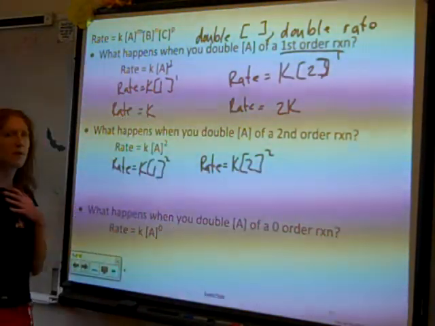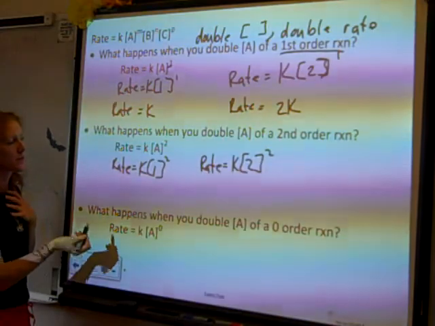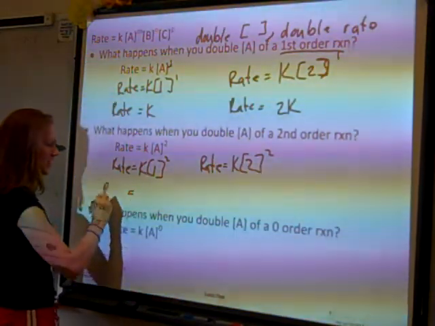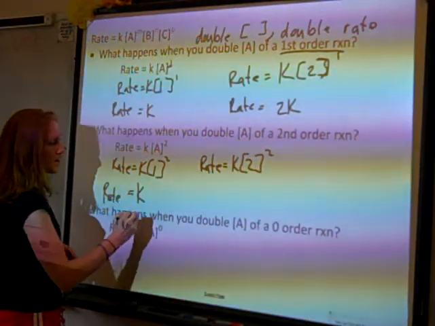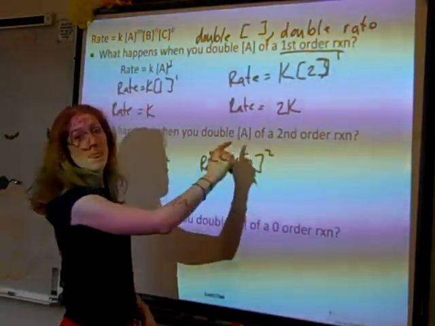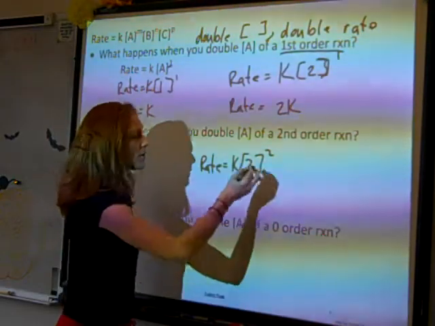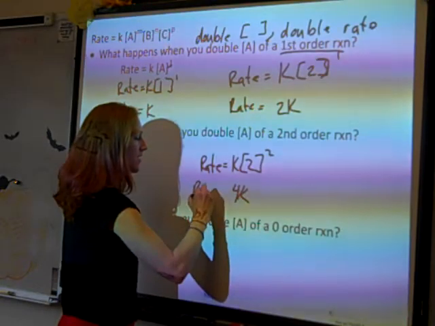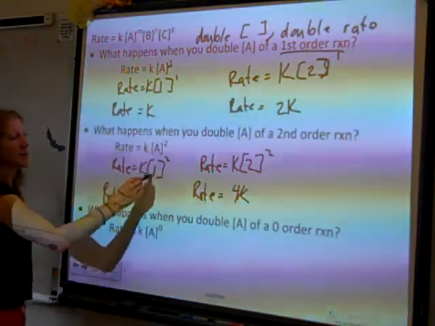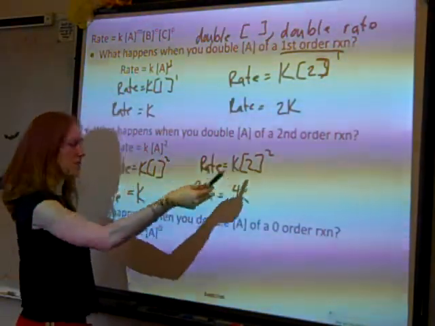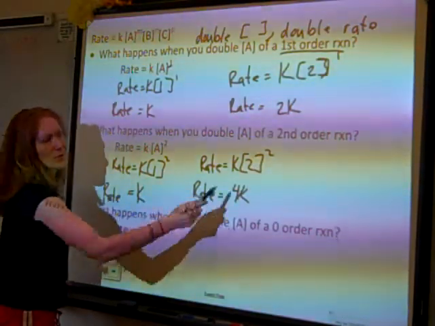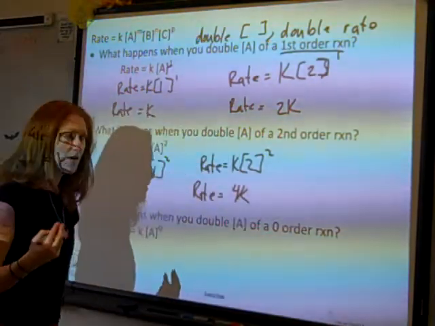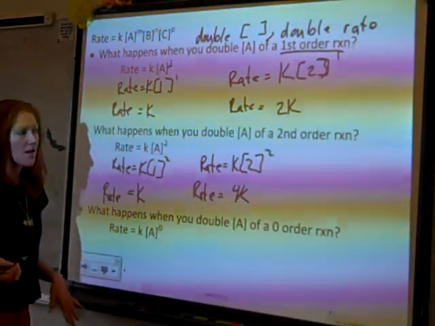So 1 raised to the power of 2, that's 1 squared, 1 times 1 is 1, times K, I just have a single K. So initially, my rate was equal to K. Then when I doubled the concentration, I have 2 squared, which is 4, 4 times K, I have 4K. So I can see what happened when I doubled the concentration of the second order reaction, I quadrupled the rate. And that's what happens when you double the concentration of a second order reactant.